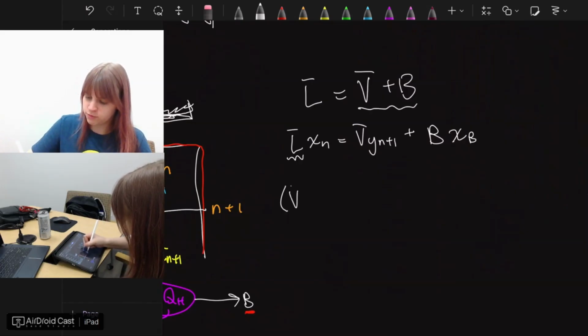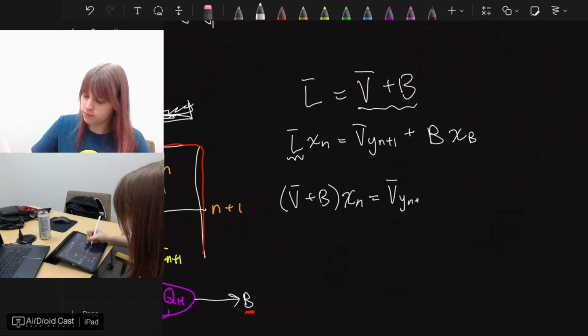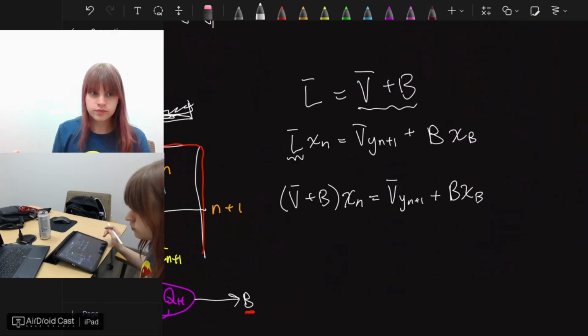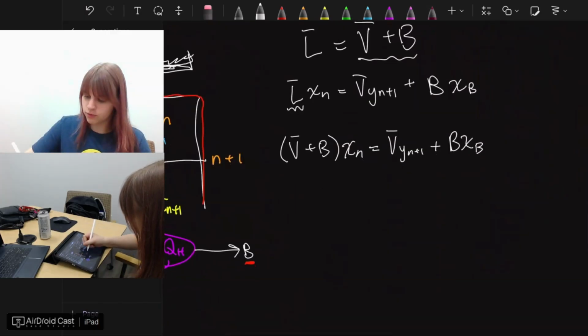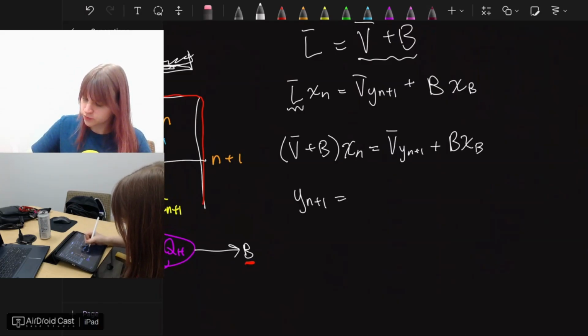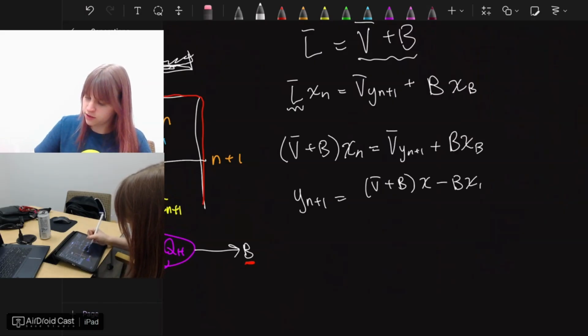So we get V plus B times Xn is equal to V Yn plus 1 plus B XB. And then we isolate our Yn plus 1. So we would have V bar plus B times Xn minus B XB divided by V.